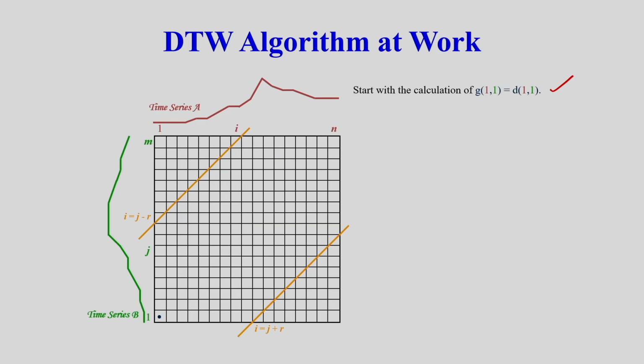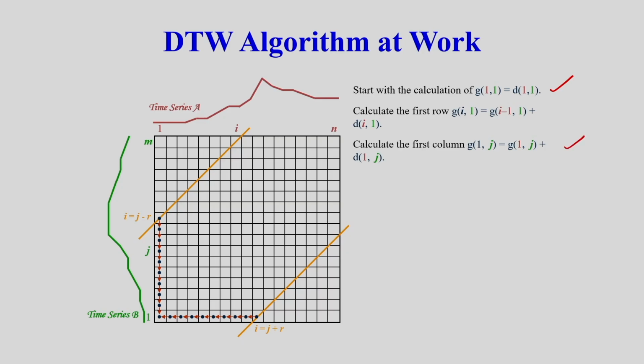After this, calculate the first row. You can see in the figure here, I am calculating the first row by this DP equation. Gi1 I have calculated, the first row I have calculated. After this, calculate the first column by using this DP algorithm, the DP equations.